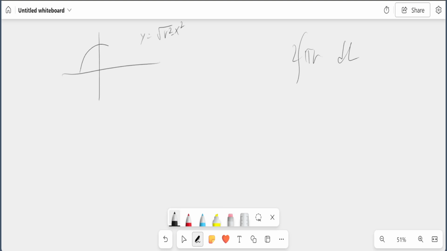I'm using the upper half of a circle, and what I'm going to do is revolve the surface of that sphere. So we know that r1 is equal to y, and that's equal to the square root of r squared minus x squared.